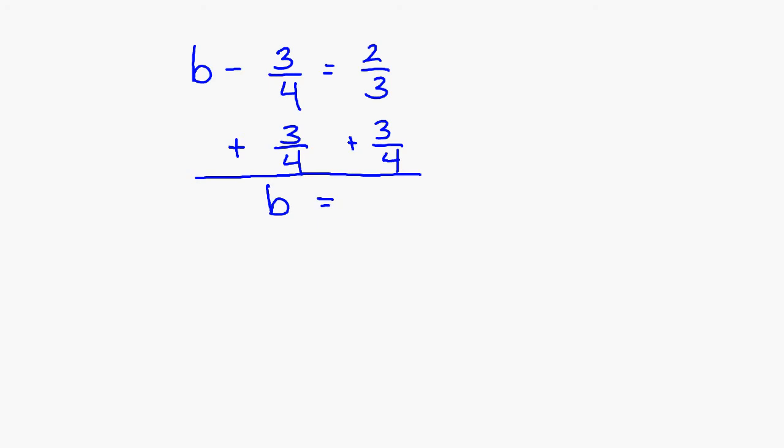You need a common denominator here, don't you? What's a common denominator when you're dealing with a 3 and a 4, or your least common multiple? 12, very good. So we have to rewrite each fraction with 12 in the denominator. Well, 3 goes into 12 4 times, and 4 times 2 is 8, isn't it?